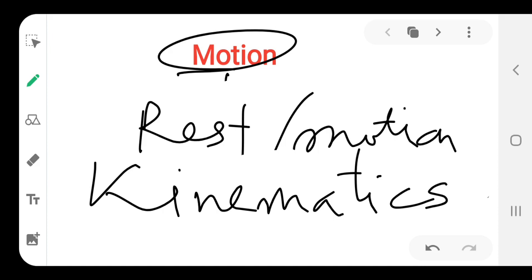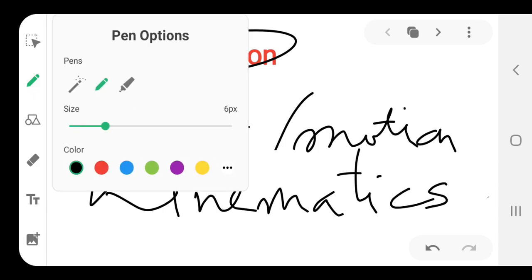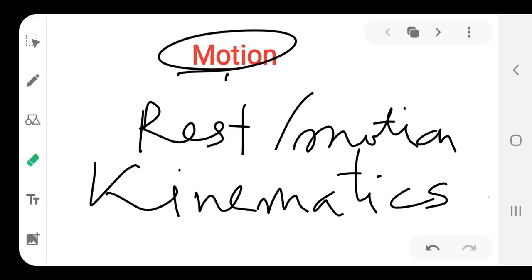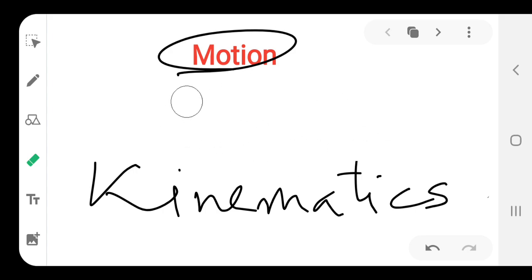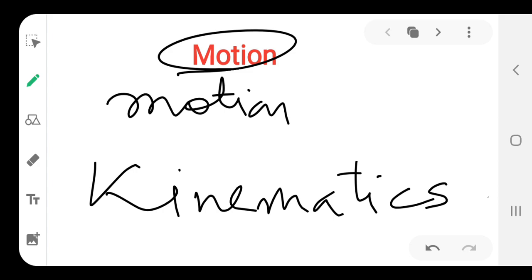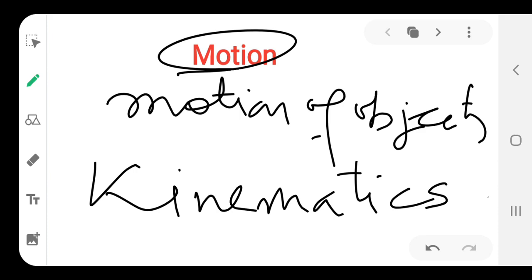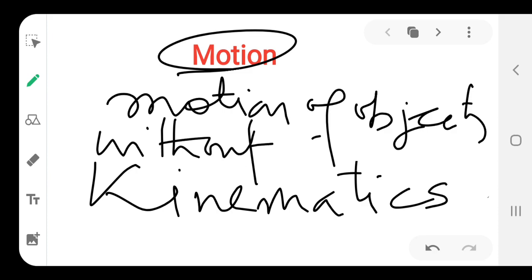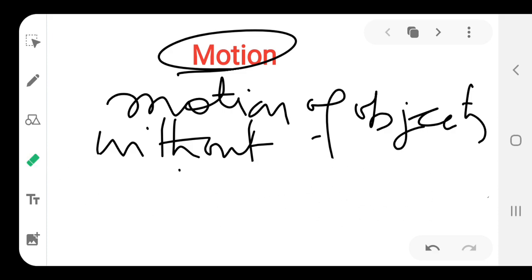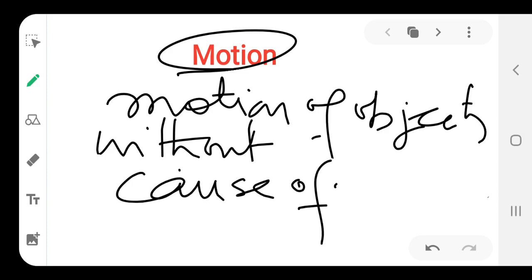It is a branch of mechanics which deals with the study of motion of objects, write it down, motion of objects without, underline the word without, considering the cause of motion.